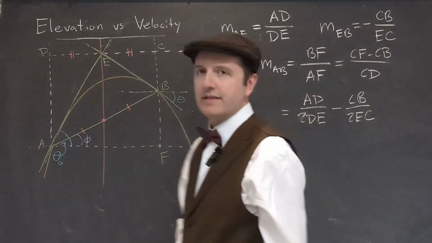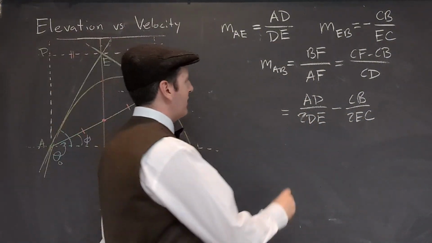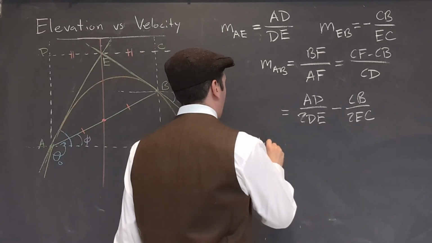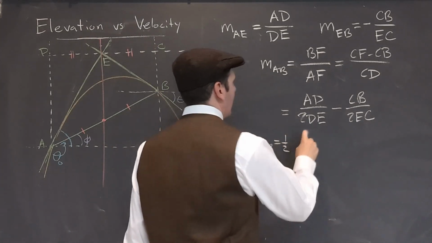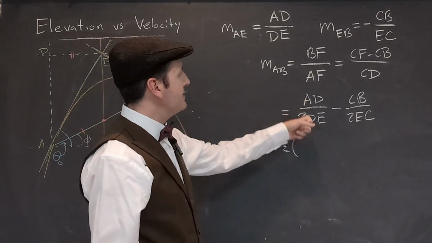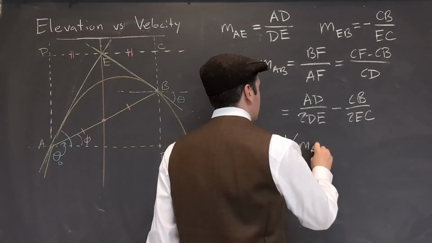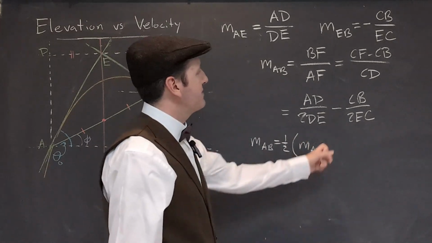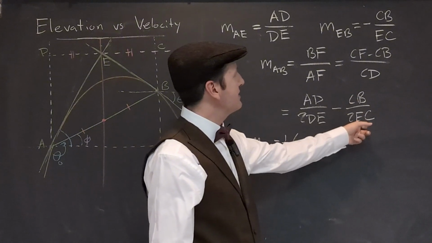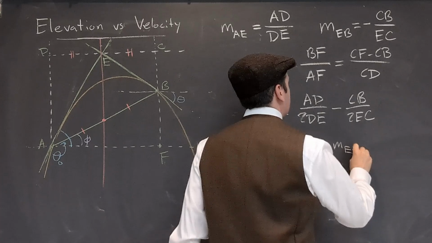Okay, again, I'm using the fact that this is a midpoint. And now it's written in a very nice way. I can factor out the 1/2, which comes from each of those terms. AD over DE is just the slope of AE, and negative CB over EC is just the slope of EB.